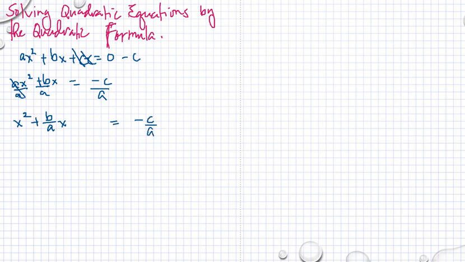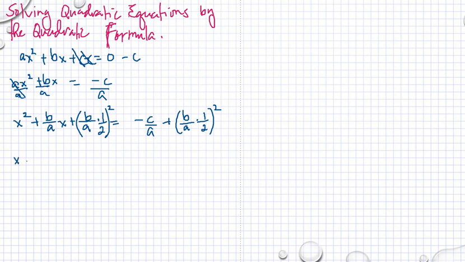And then the next thing that we're supposed to do is we take half of the second term, half of that squared, and then if we did it right, then this is already a perfect square.